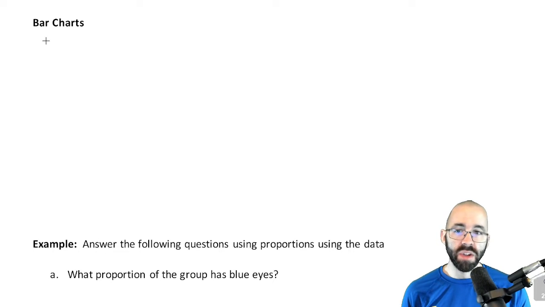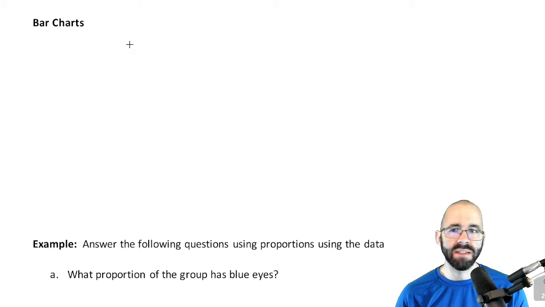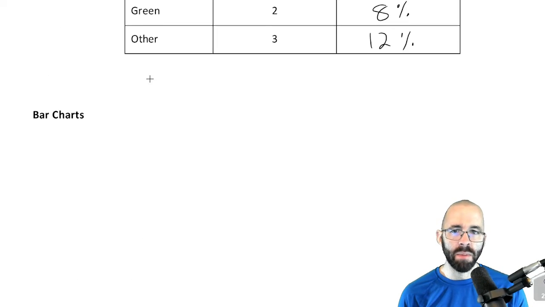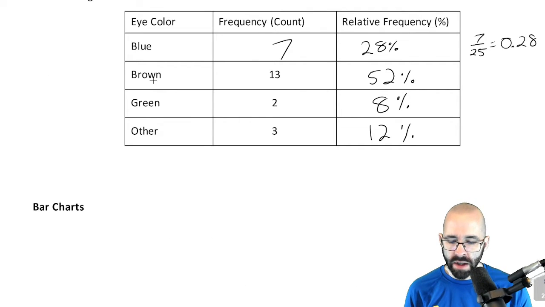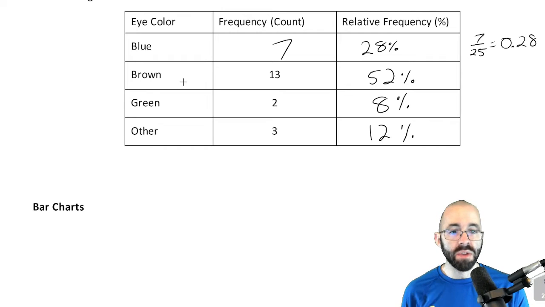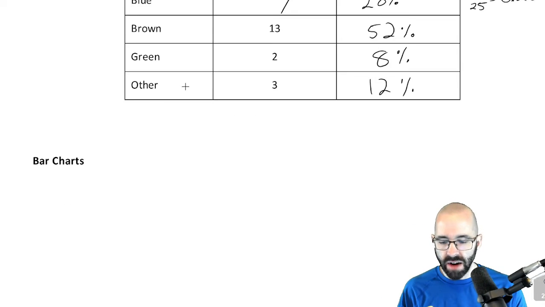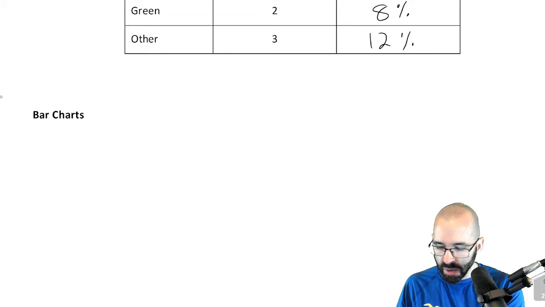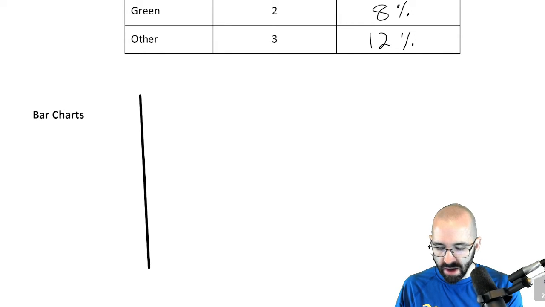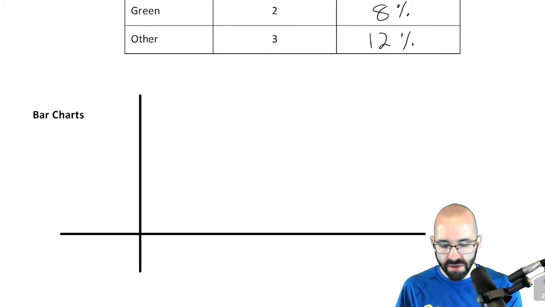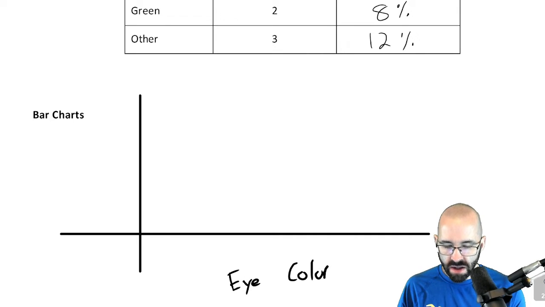So we can visualize that with bar charts. You can also do pie charts, which are a little less clean. We're really only going to talk about bar charts for this right now. And so what we're going to do is very similar to what we did as a histogram. So we're going to make our graph. And then we're going to have eye color on the bottom.